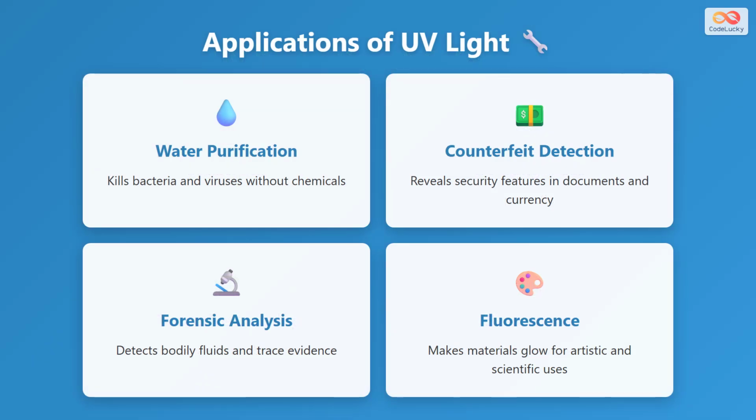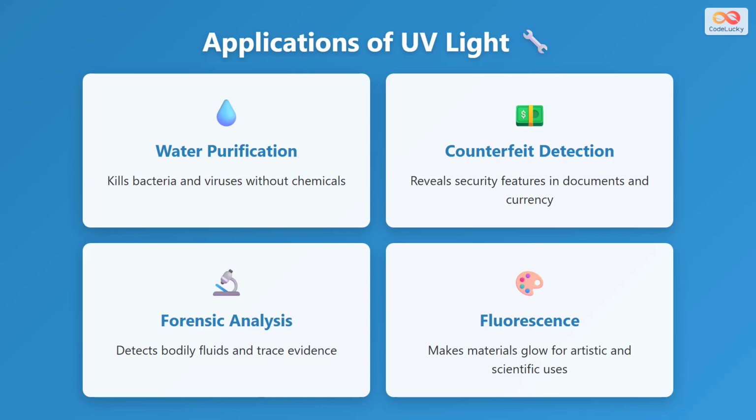Ultraviolet light has numerous practical applications across various fields. In water purification, UVC radiation effectively kills bacteria, viruses, and other pathogens without adding chemicals, making water safe to drink. UV light is used in counterfeit detection, as it reveals hidden security features in currency, passports, and official documents that are invisible under normal light.